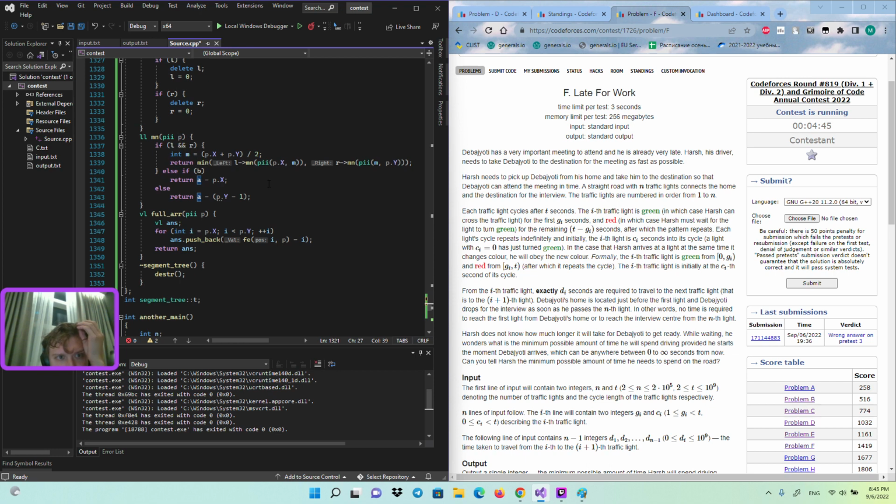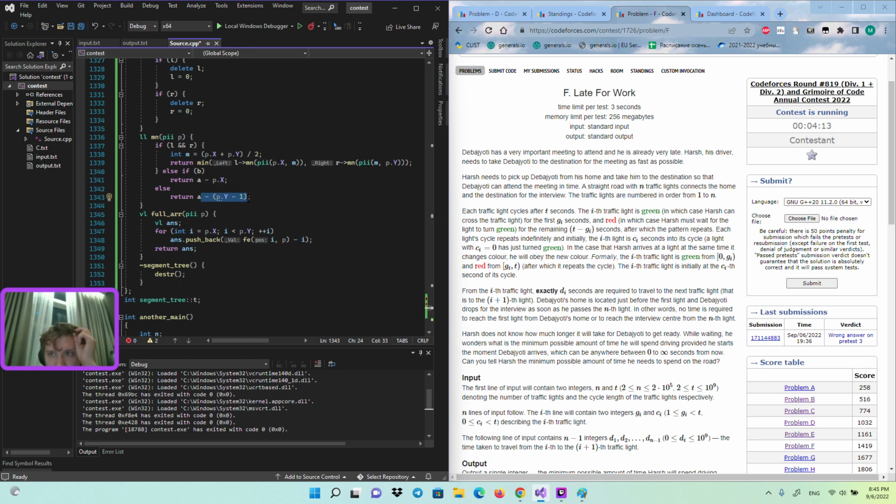Okay, now we find a minimum. When we find a minimum, if this is increasing, yes, we do this and we do this. This is correct. If this is increasing, I erase bx.